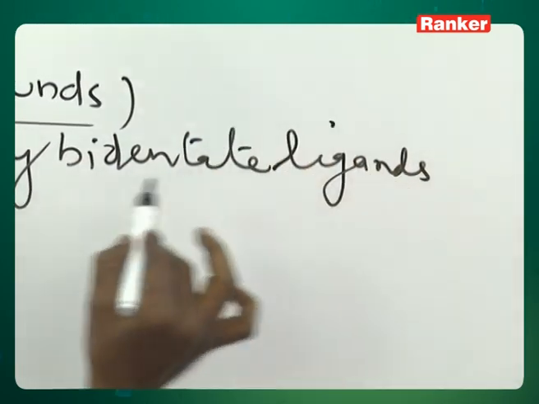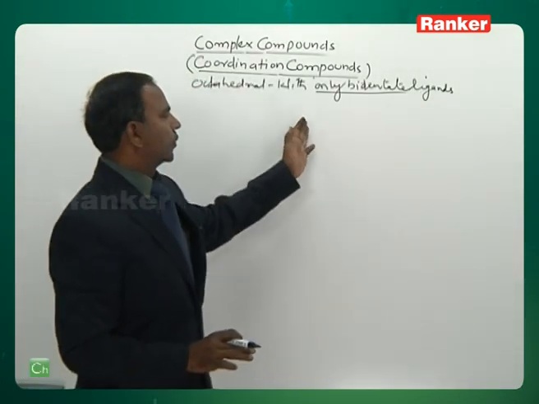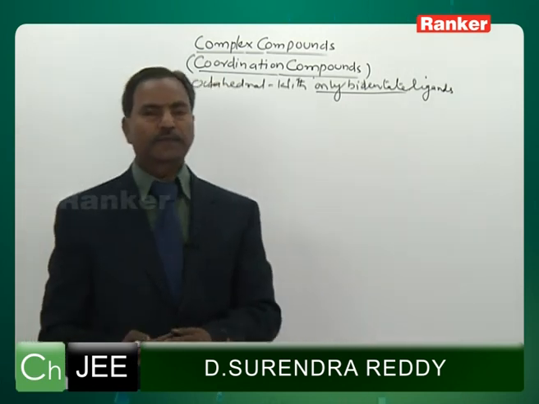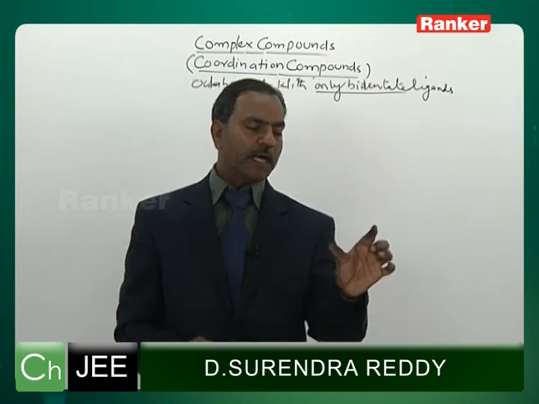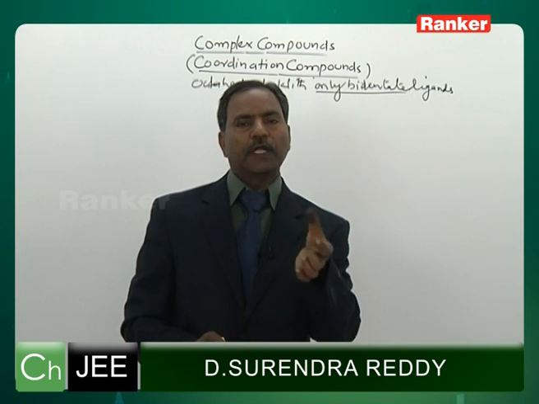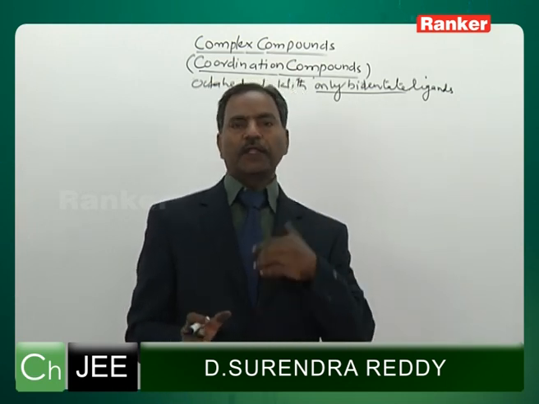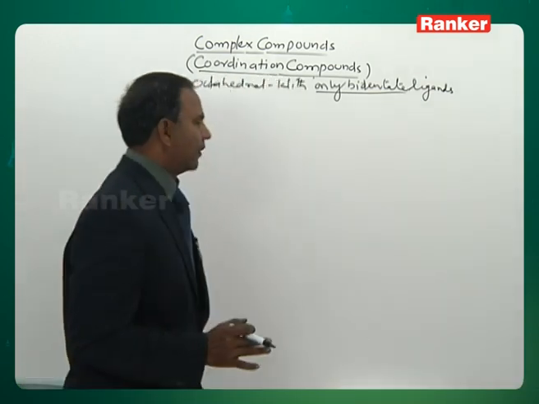With symmetric bidentate, there is no geometrical isomerism. What do you understand by symmetric bidentate? Any ligand which is carrying identical donor atoms, that we can consider as a symmetric bidentate. If such a ligand is there, then that cannot exhibit geometrical isomerism.